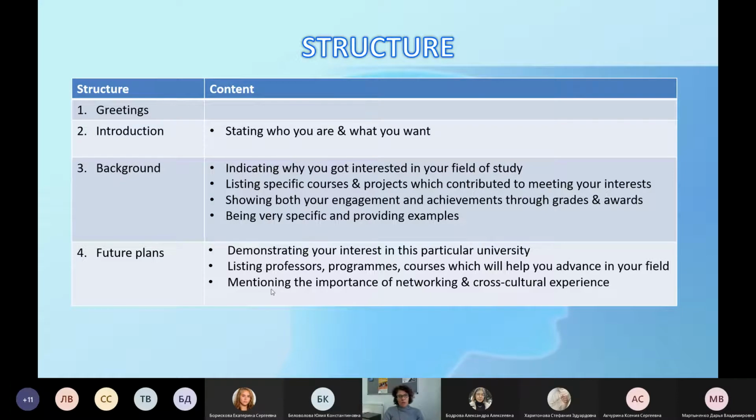And of course, somewhere at this point, you also have to mention the importance of networking and cross-cultural experience. So at this point, you would say something about how you're planning, for example, to work for an international corporation, or that you're planning to be a global manager.